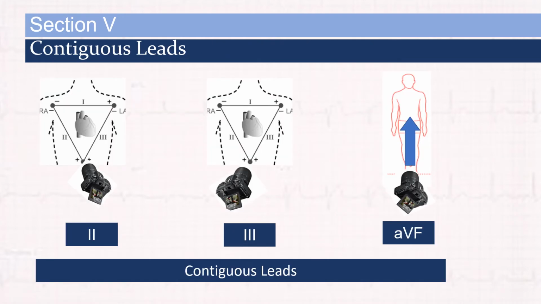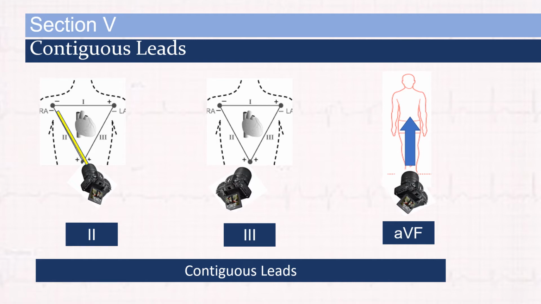So by this point in the presentation, you're probably asking yourself why we keep on talking about cameras. This isn't a photography course after all. Let's talk about contiguous leads and tie this all in for you. Lead 2, the camera is at the lower left leg looking upward towards the right shoulder area.